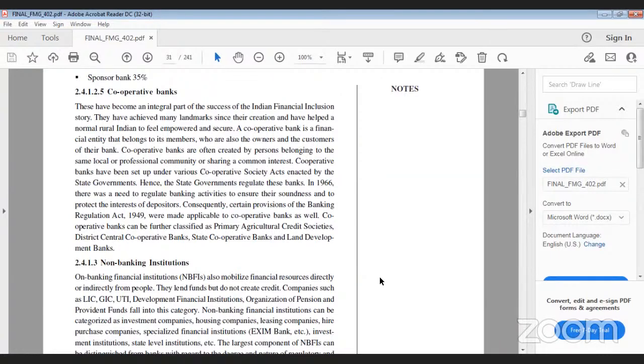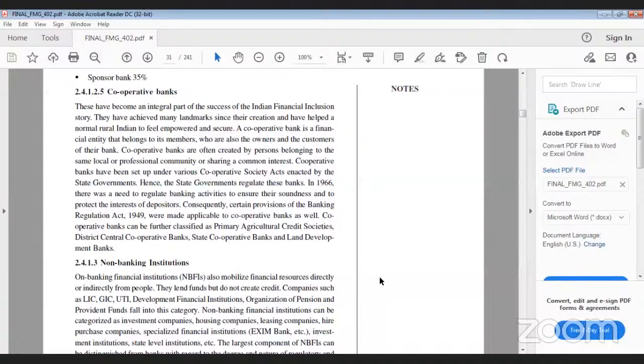The state government regulates these banks, since 1966. These banks need to be regulated to ensure soundness and protect the interest of depositors, considering certain provisions of the Banking Regulation Act 1949, which were made applicable to cooperative banks.